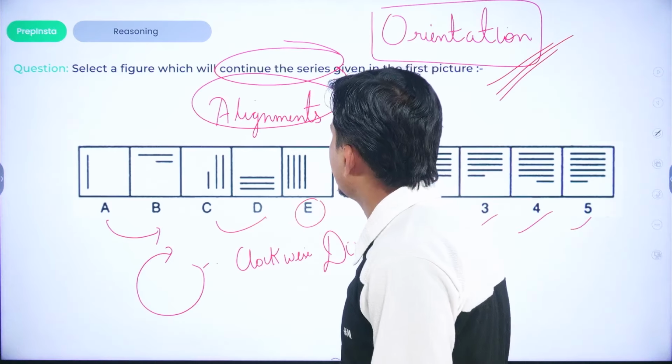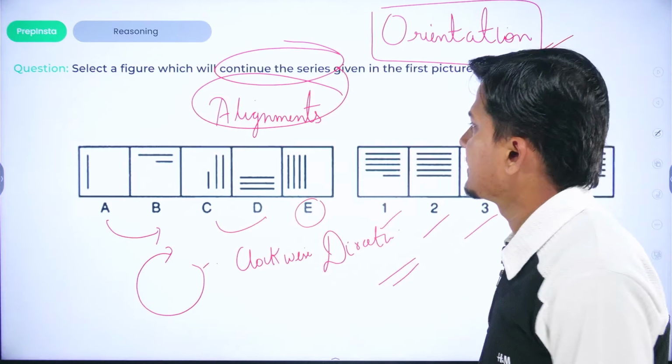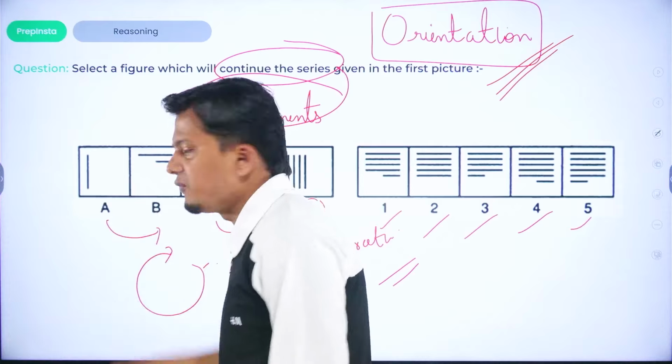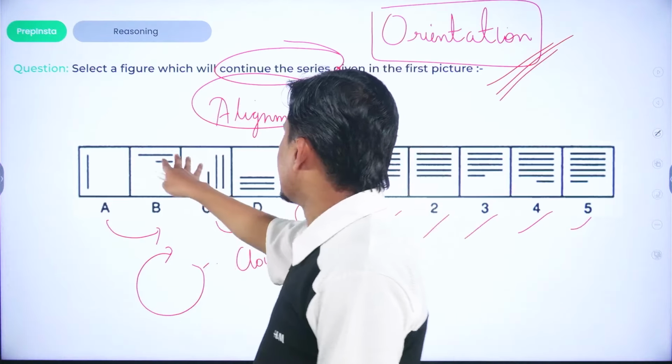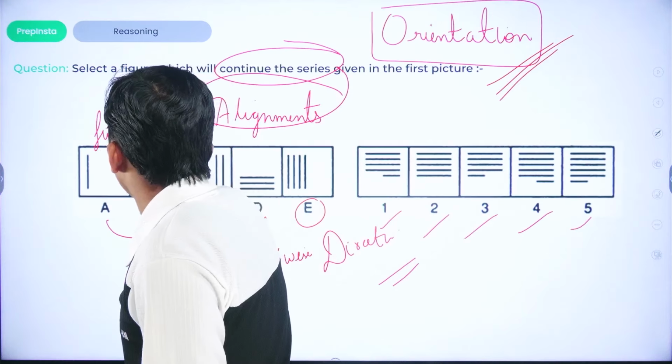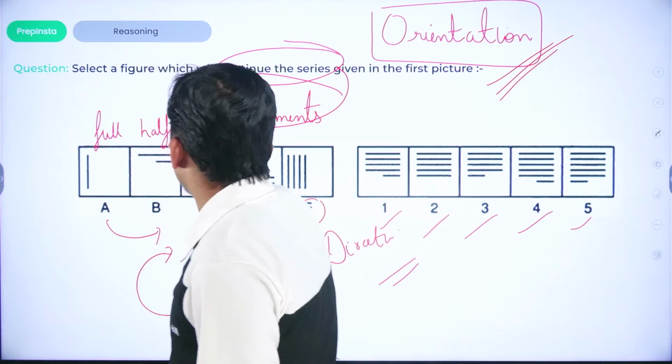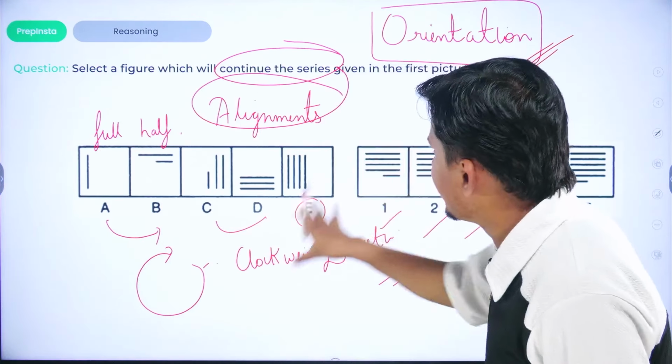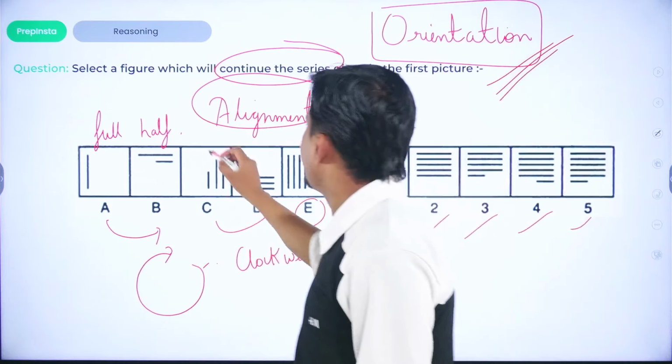Now comes the particular orientation of the lines. Look at the lines: here we have a full line. Then in the second diagram we got a half line. So full, then half. In the third alignment we got another full line.